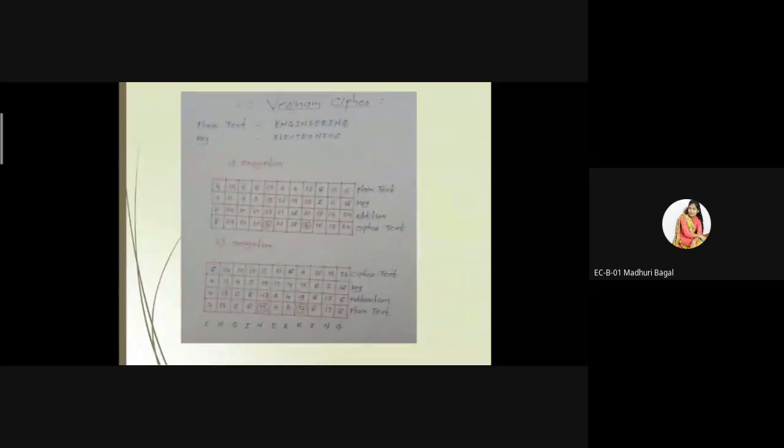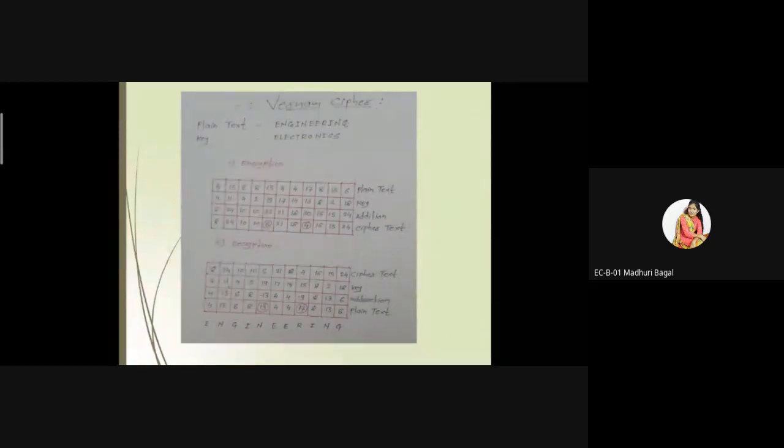If we use plain text of 10 characters, we also have to use a key of 10 characters. Based on the Vernam cipher, we can encrypt as well as decrypt. Okay, so up to this, have you understood?